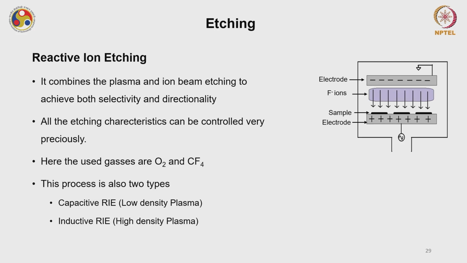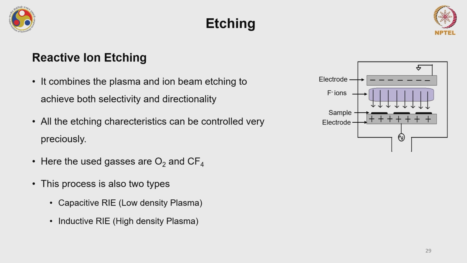This process is absolutely anisotropic. However, the selectivity is low. So it cannot differentiate silicon from SiO2 or any other material. The process is not selective, and that's why we require some advanced etching processes.